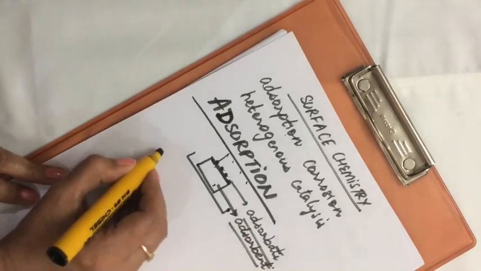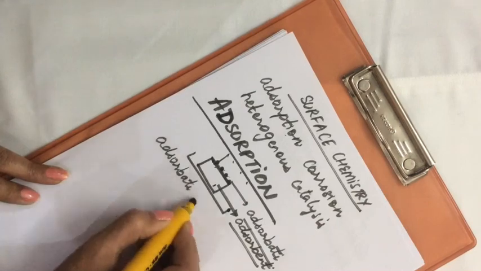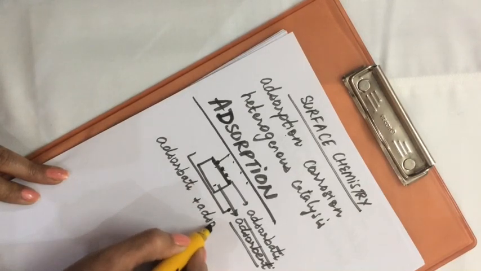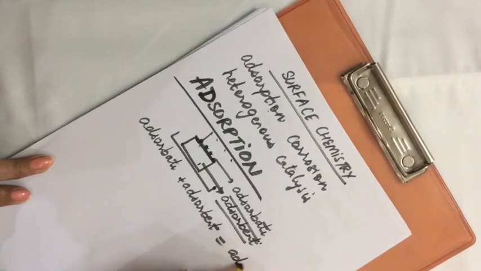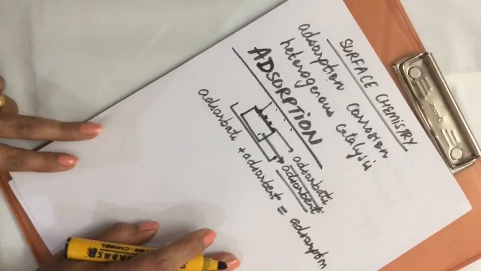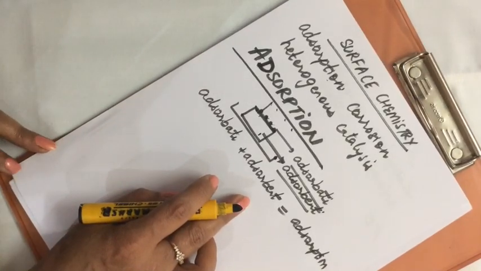So we can say adsorbate plus adsorbent is equal to adsorption. What is required for adsorption? Adsorbate and adsorbent are required.